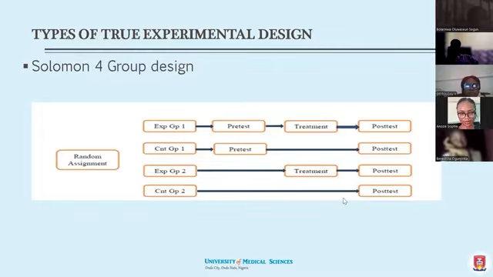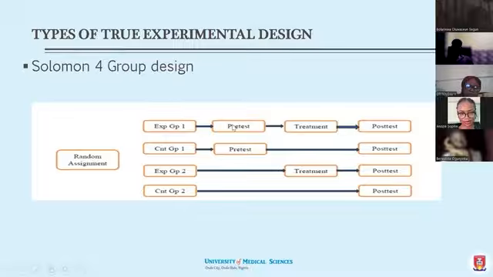Now, before you introduce your treatments in this design, you collect your initial data for the first experimental group and the first control group. That is experimental group 1 and control group 1. You collect your pre-treatment data.